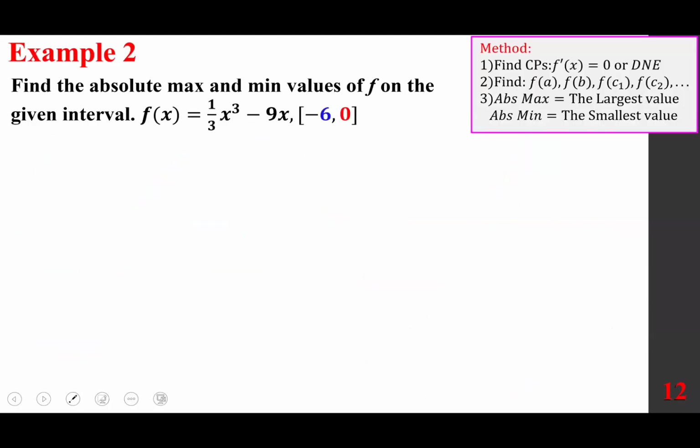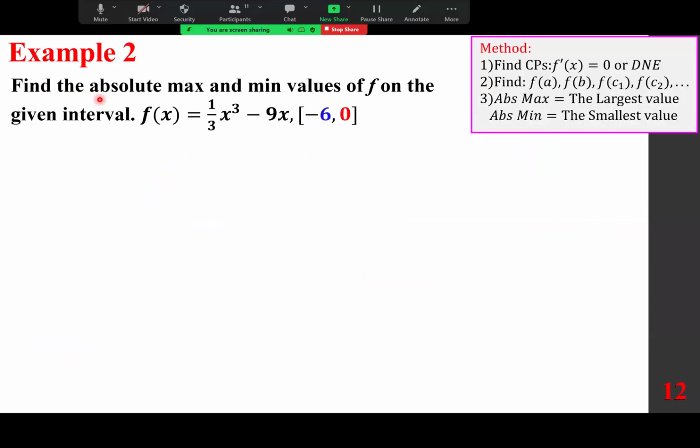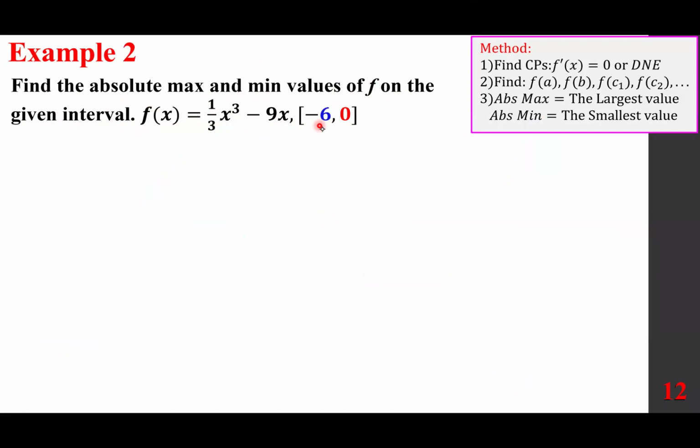Here's a simple example. Find the absolute max and minimum values of f on the given interval, where f of x is 1/3 x cubed minus 9x, and the closed interval is minus 6 to 0. Before we start, we have to justify the usage of the extreme value theorem.